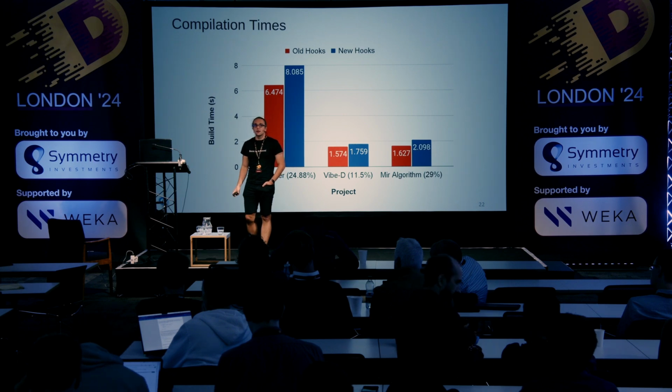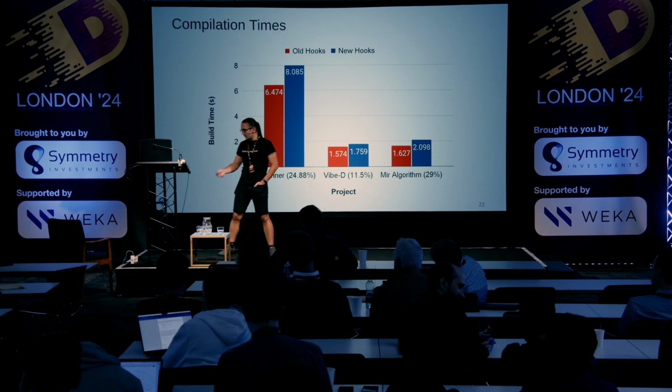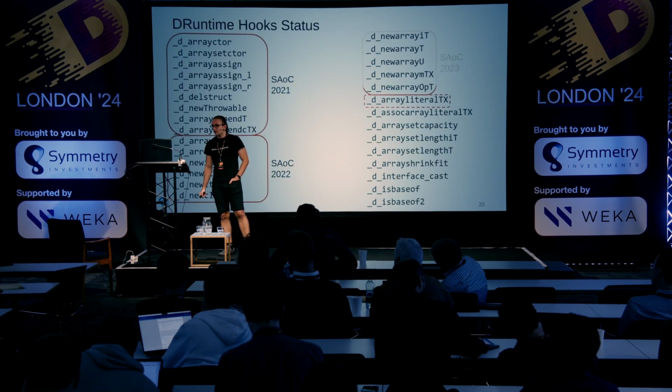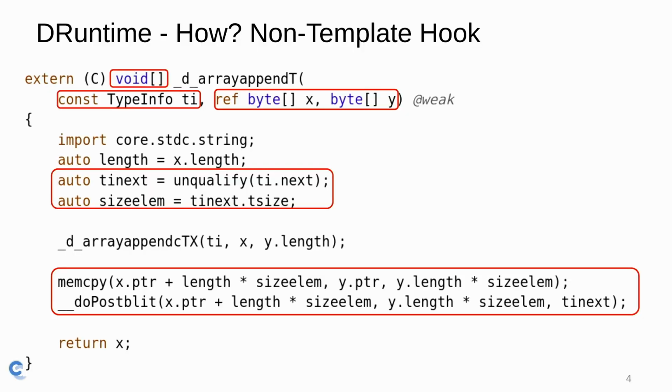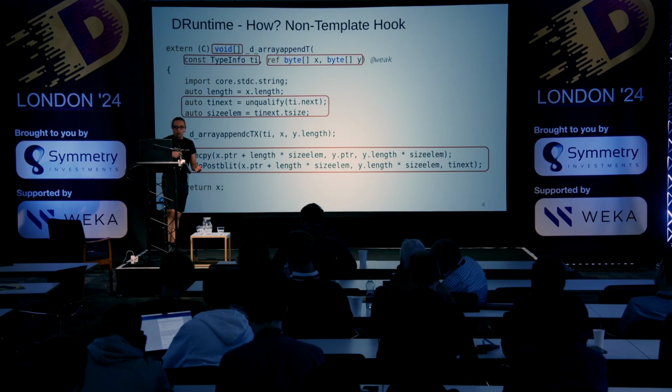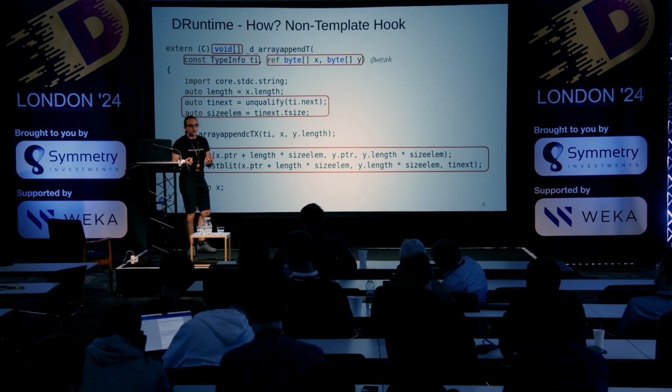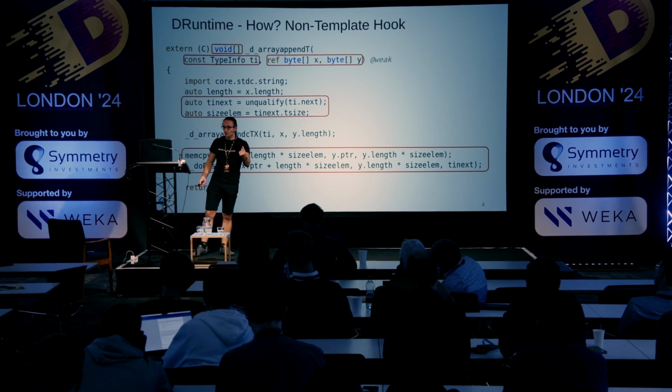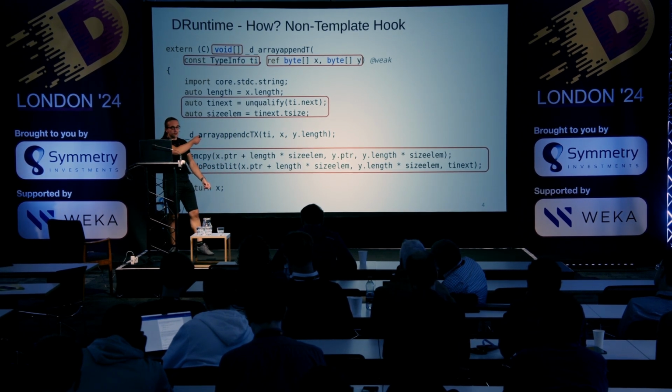Oh, okay, makes sense. Well, let's go over this example. So imagine all of this. The compiler will have to generate code like this, which can be very tedious. It would just have to insert all these extra calls to functions, to memcopy, to call the postblit, when it can just call one function. It's much more convenient for the compiler to only take care of one thing, which is to call this hook, DRA append, rather than worry about inserting all this code.